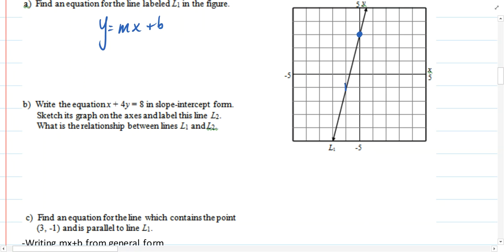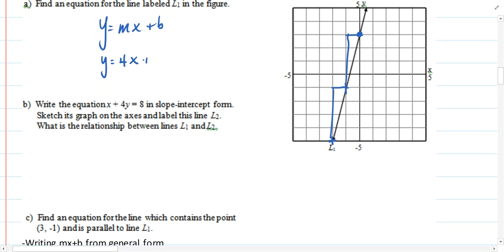Just remember that you've got to pick 2 points, any 2 points that are on nice lattice marks, so nice intersections of the grid, and then you can count the rise and the run. Since this is a linear equation, those rise and run values will be the same. And in this case, we've got a rise of 4, run of 1, which is the fraction 4 over 1 reduced to 4.